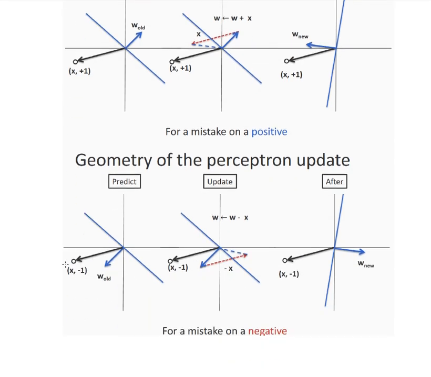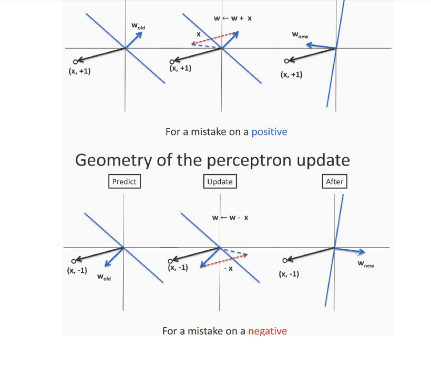Now if you take a negative mistake, assume that our point X is having a weight of -1, and the W old is here, and this has to shift to a new point which is on the plus side. So if the new point is selected here, under that particular situation, what is going to happen?